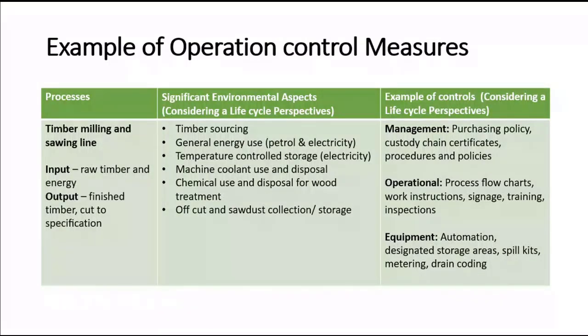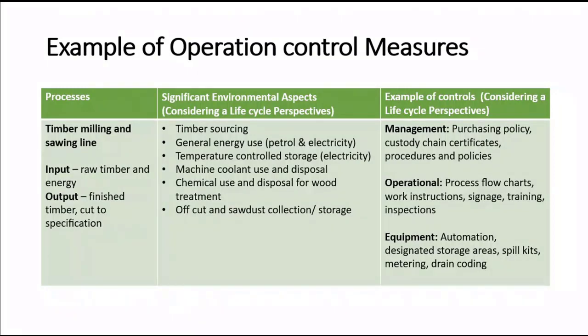The third perspective, you can control by automation, meaning using robots or smart systems using the Internet of Things, IoT, or designated storage areas, meaning control areas, spill kits to handle spillage, metering to monitor, and drain coding.